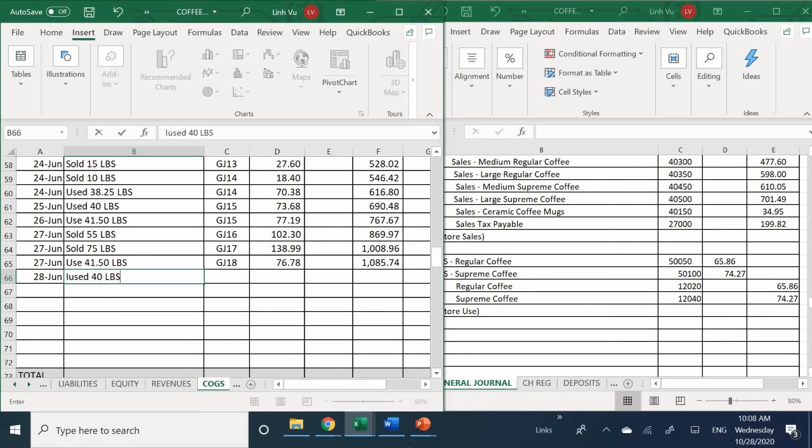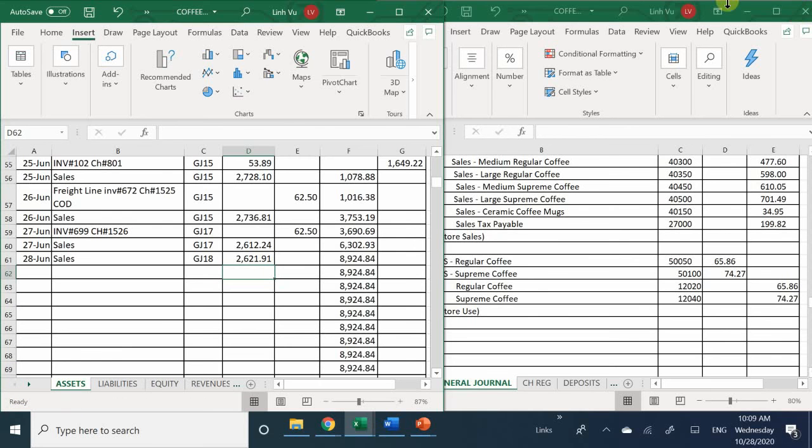GJ 18. 74.27. $1,160.01. 1,160 and 1 cent. Good.